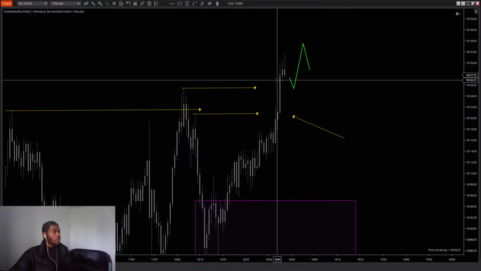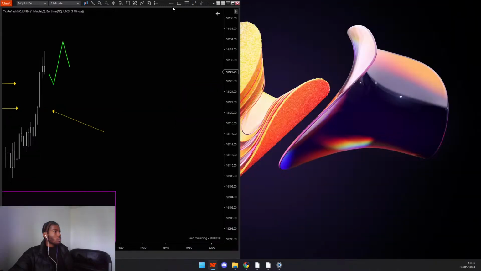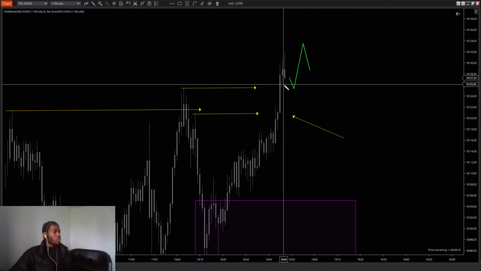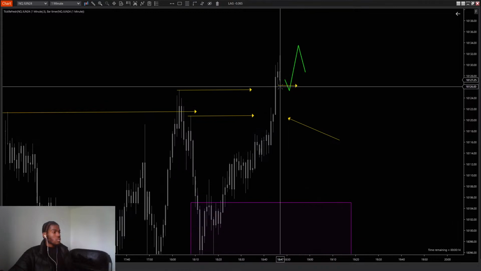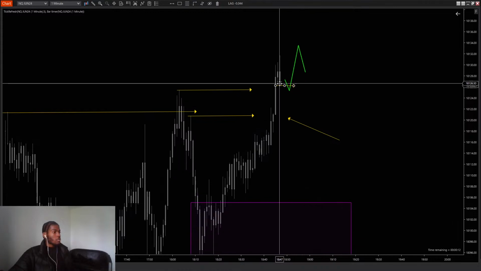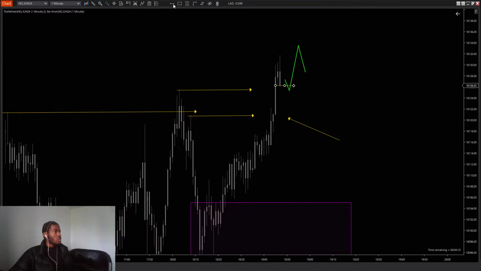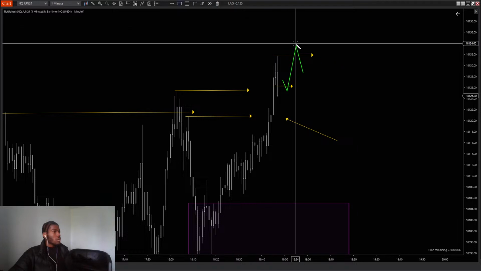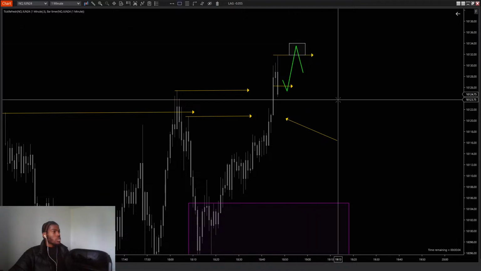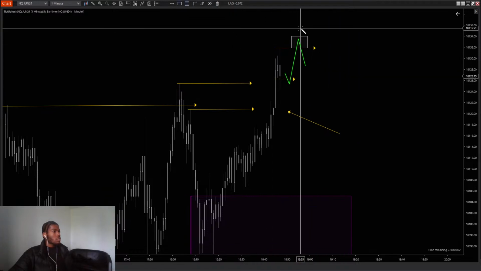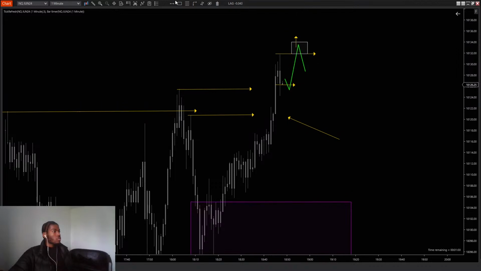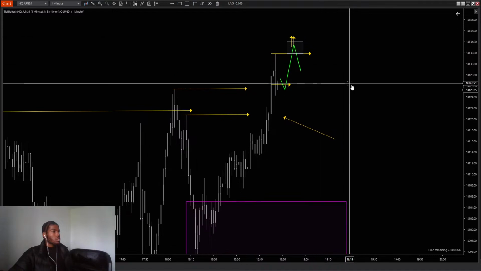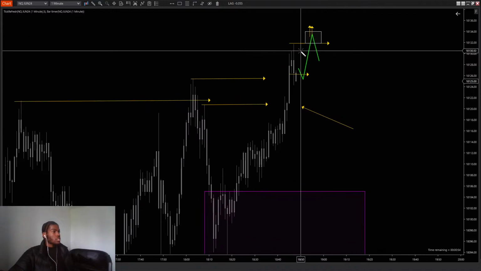You want to wait for price to break below the previous up candle's low, then wait for the liquidation of it, and then your entry would be that little confirmation there. So your entry would be this.